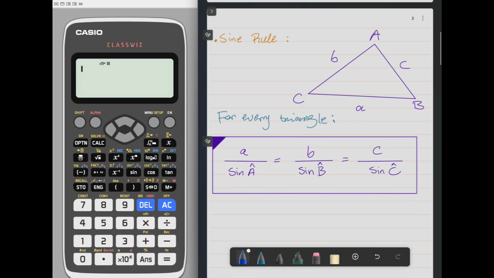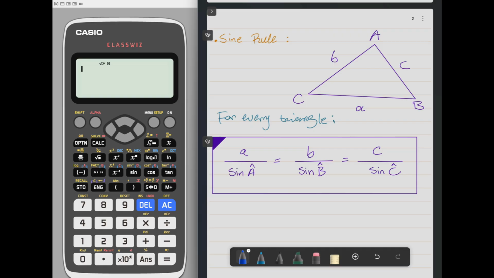As for the sine rule, guys, the sine rule is basically a ratio. You are trying to find the ratio of a side to the sine of its opposite angle, and then you use this ratio and one other known side or one other known angle to find its corresponding opposite angle, or side.